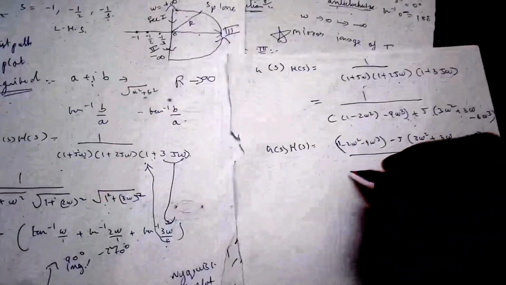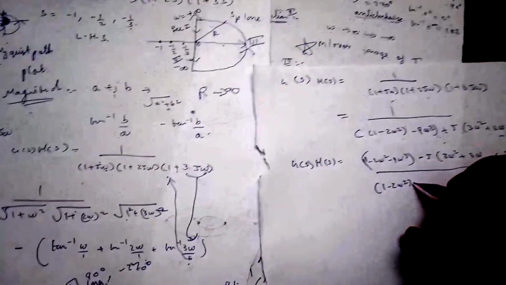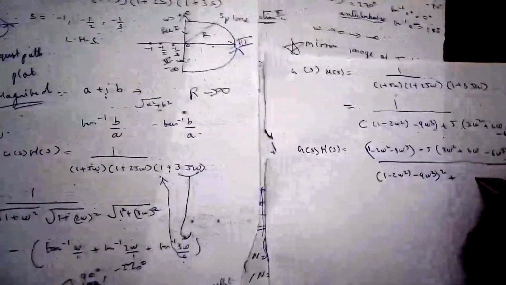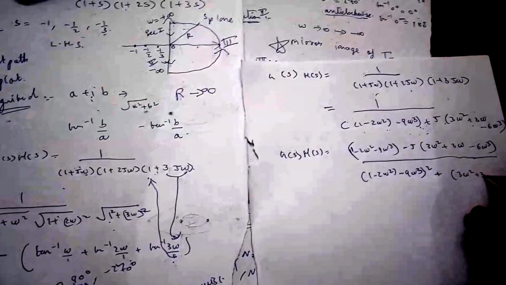By multiplying a complex number with its conjugate, we get the square of its magnitude, that is, real part square plus imaginary part square.